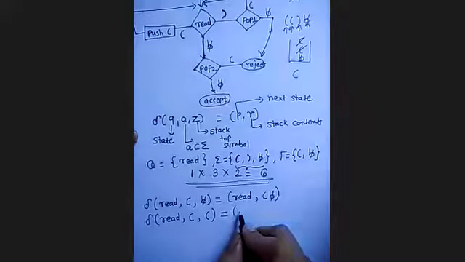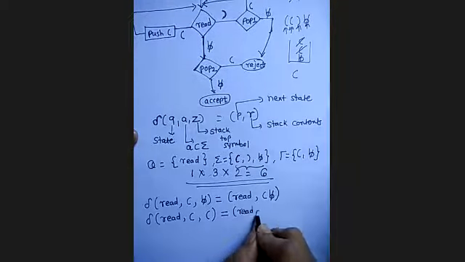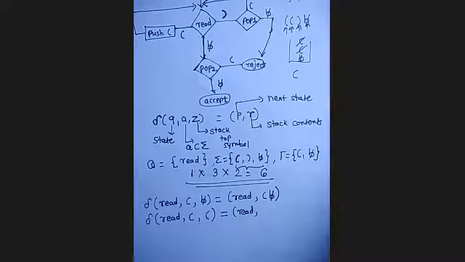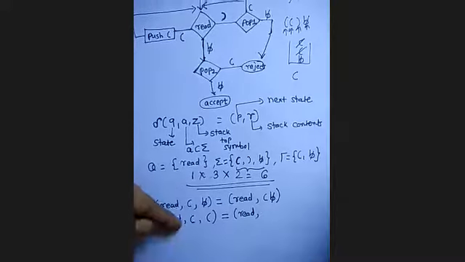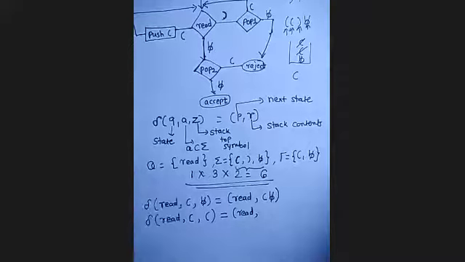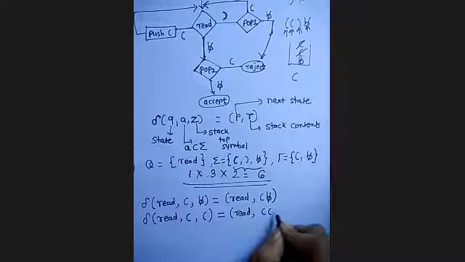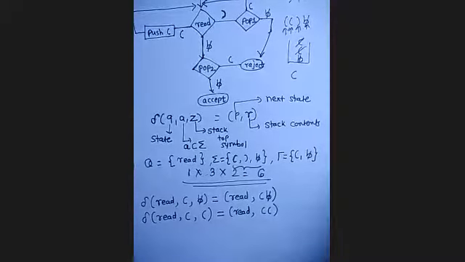Yes, so read is the next state and stack content. Whatever it may be, opening on the top of that. If you get the opening, you have to push it, no? So the stack will be opening and opening. Is that correct? This is equation number 2. Is that clear or not?